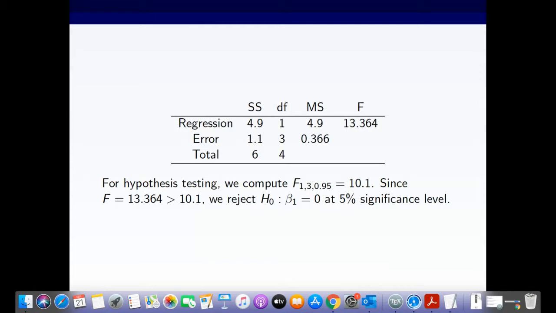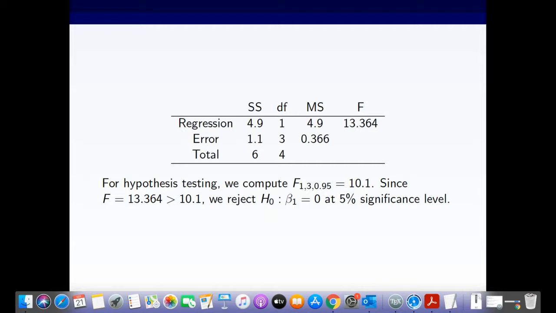If you calculate this, you get approximately 0.366. And then you can calculate MSR divided by MSE, which is 4.9 divided by 0.366, which is equal to 13.364. And also you can calculate the sum of squares for total, which is 6, and the degrees of freedom is 4, which is n minus 1, 5 minus 1.